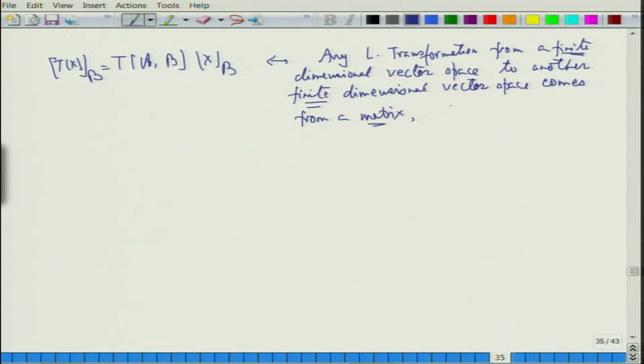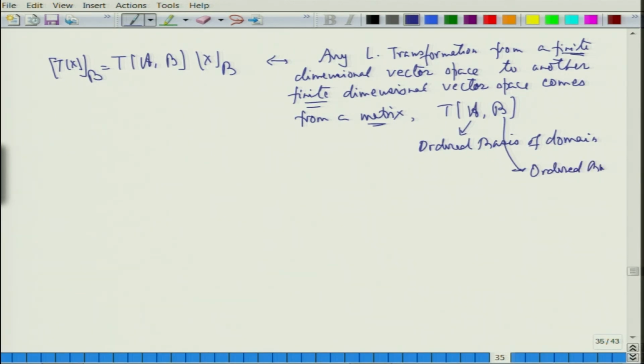And what is this matrix? T of AB. A is the ordered basis of the domain, B is the ordered basis of the codomain.